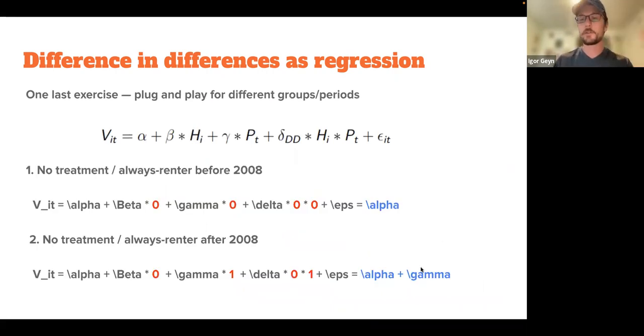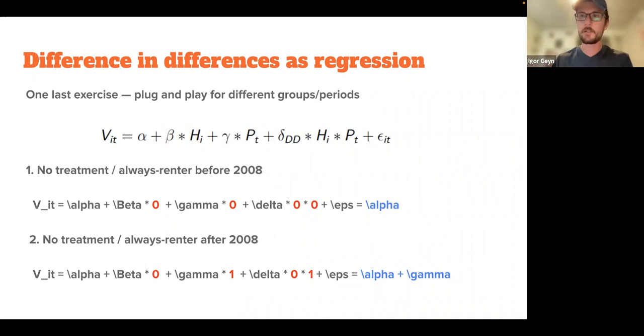The next thing I'm going to tell you is that if you take the difference between these two things, alpha plus gamma minus alpha, you are of course left with, sorry, you're left with gamma. So alpha plus gamma, that quantity, minus alpha is gamma. The way to think about that is it's the difference for the control group between the after period and the before period, the difference for the control group post minus pre.